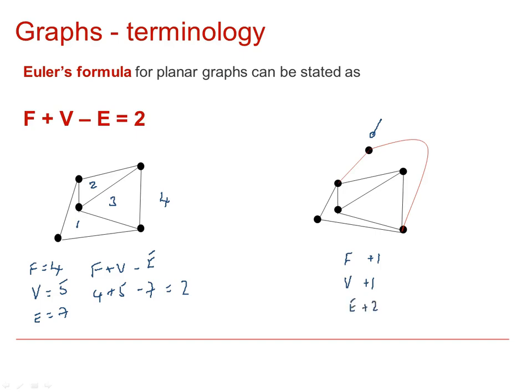So you can see there that we still have a value of 2. So we've now got 5 plus 6 minus 9, again giving us 2.